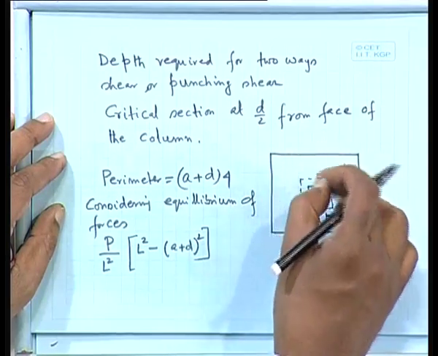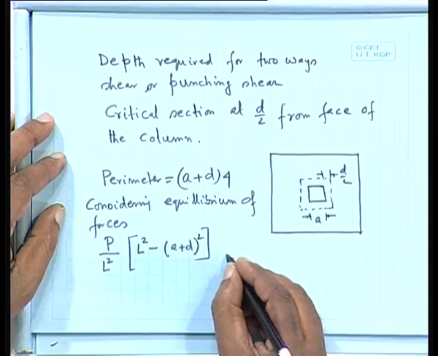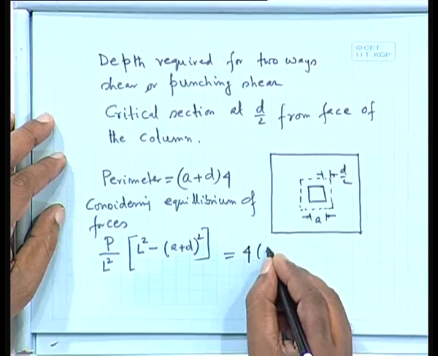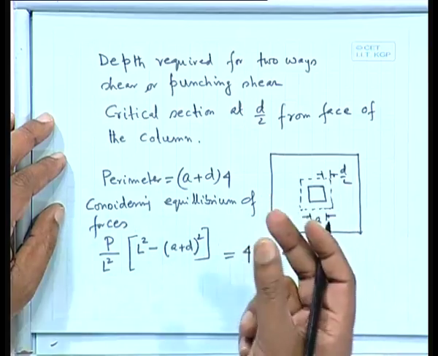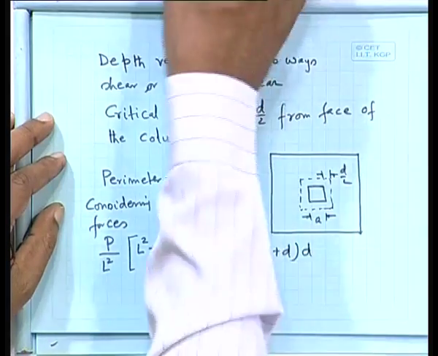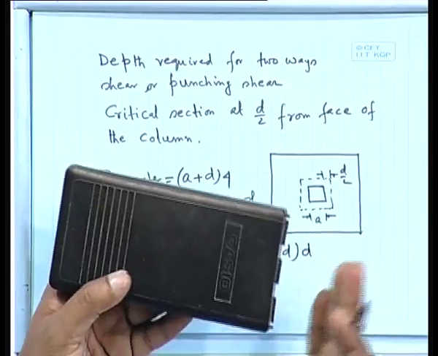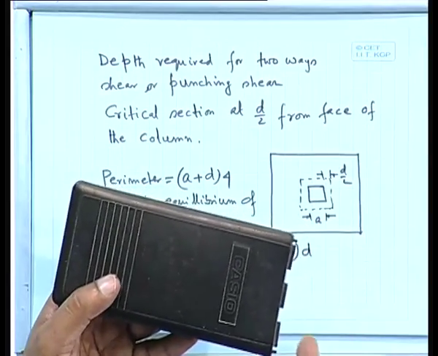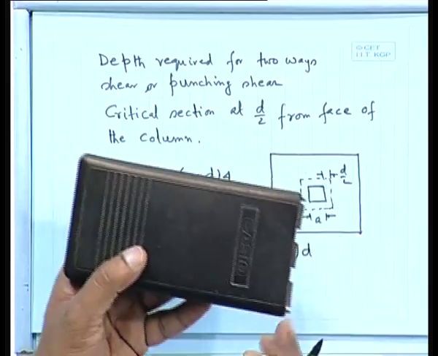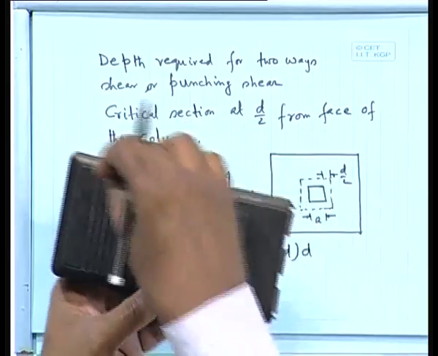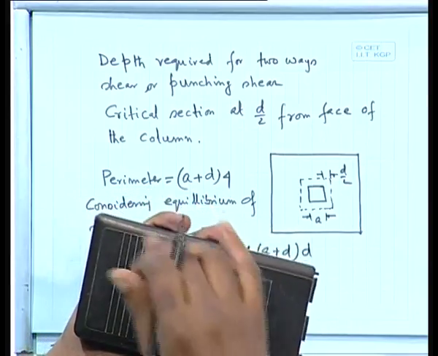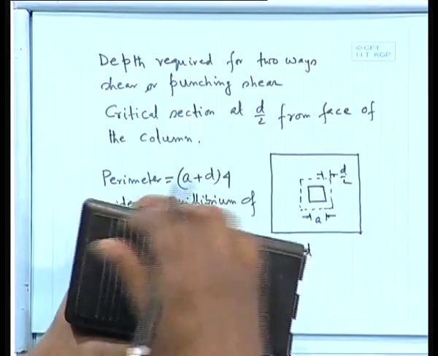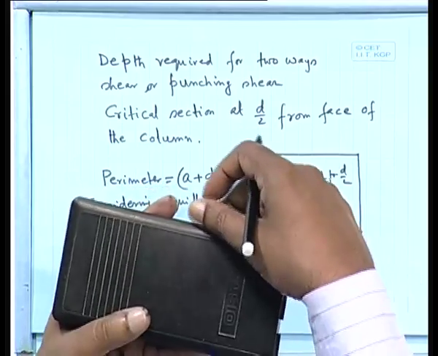This portion will be equal to 4 times A plus D, that is the perimeter, times D, the effective depth, because this is what resists. This is rectangular, but we are talking about a square, so 4 times A plus D times the effective depth, not the overall depth.